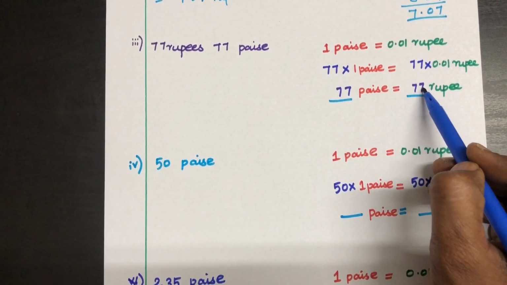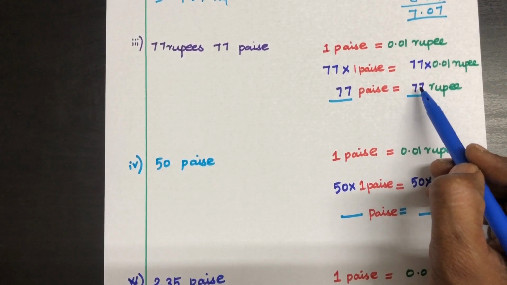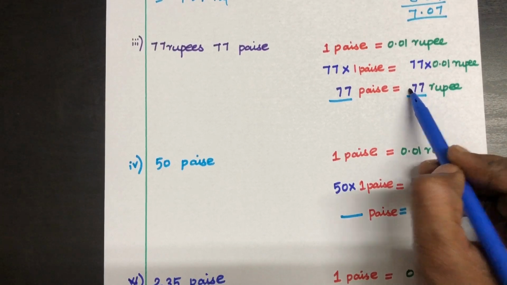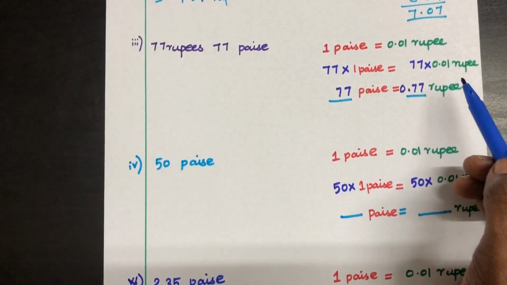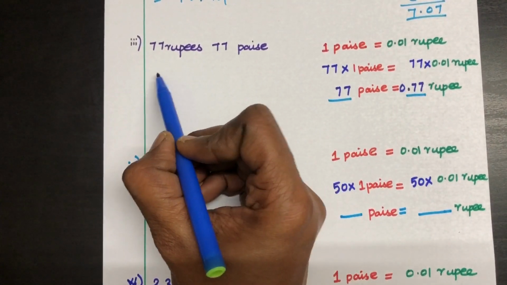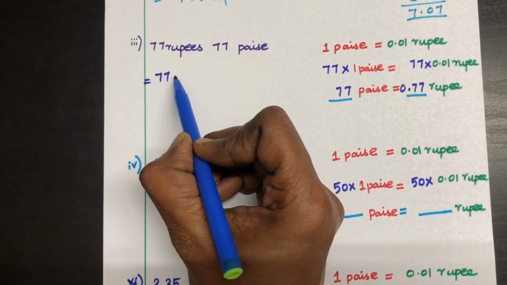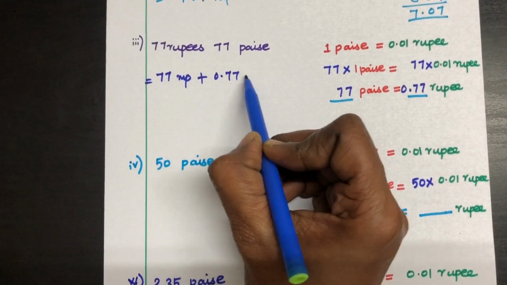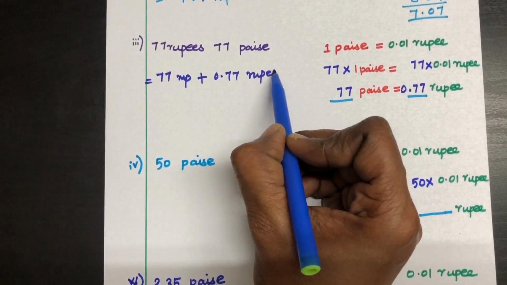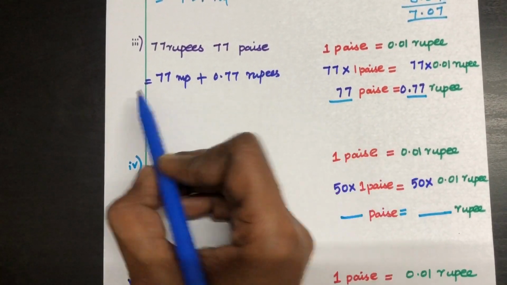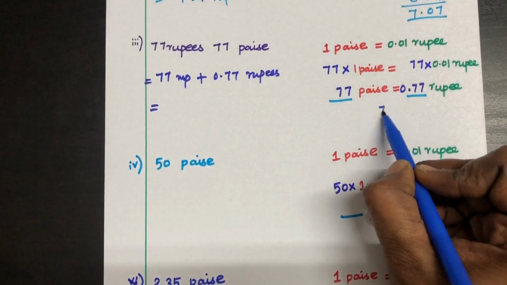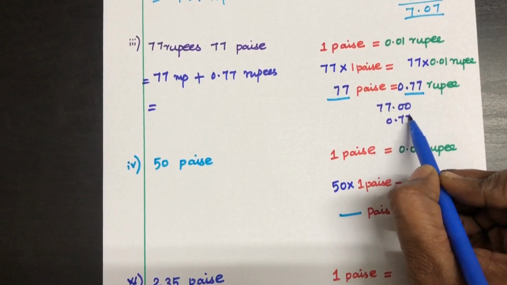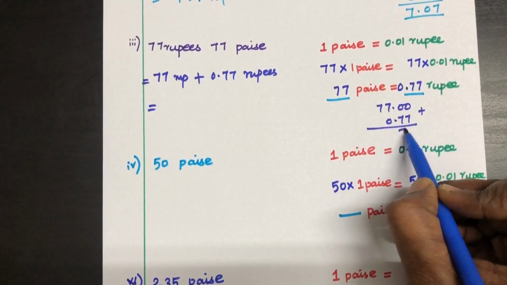So we need to leave 2 digits in the decimal places and place our point here. Now we need to add 77 rupee plus 0.77 rupee. Now this paise has changed into rupee. This is equal to 77 plus 0.77. We are adding, what will we get?